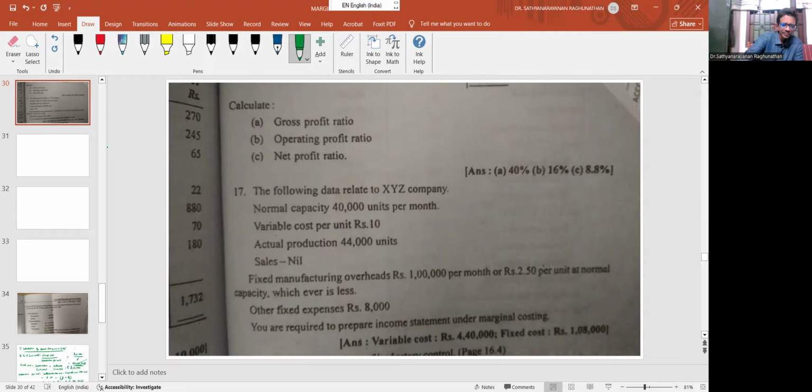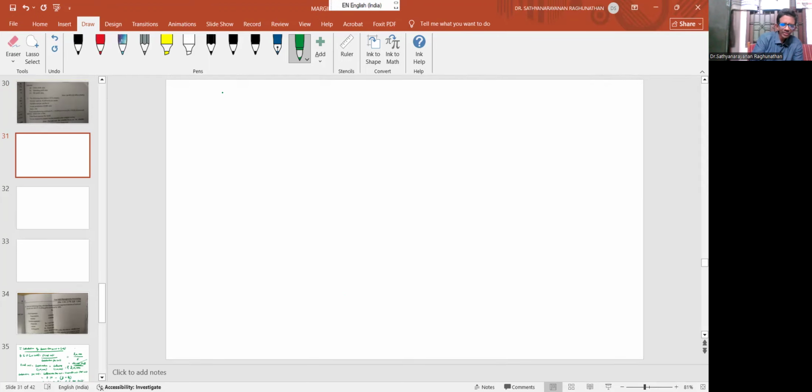Now, please put the heading as income statement under marginal costing.